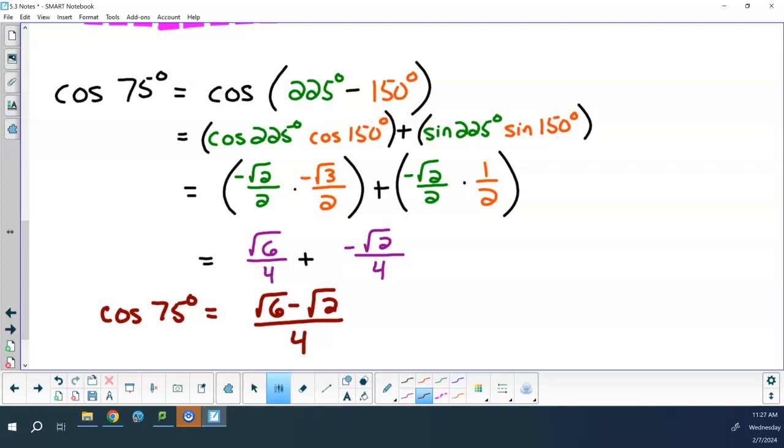So you want to divide by 2. But the problem is you can't divide into a radical. You can't combine the top two radicals into the square root of 12 because it's not multiplication, it's subtraction. And the square root of 6 minus the square root of 2 is not the square root of 6 minus 2, which is the square root of 4, which is 2. So that's as simplified as it goes.